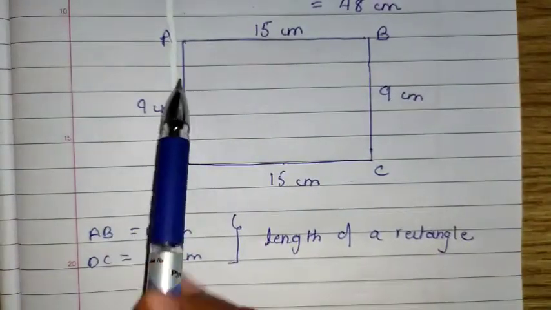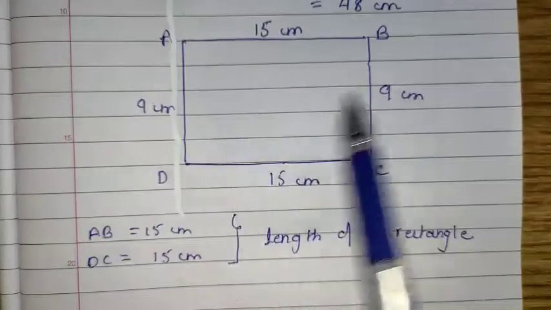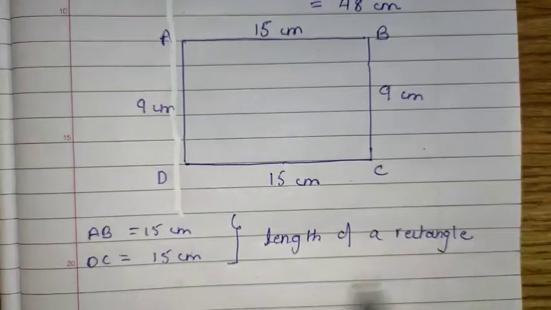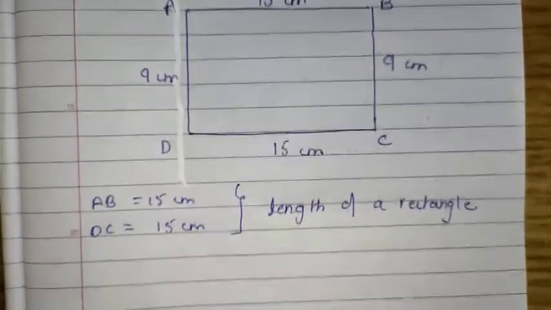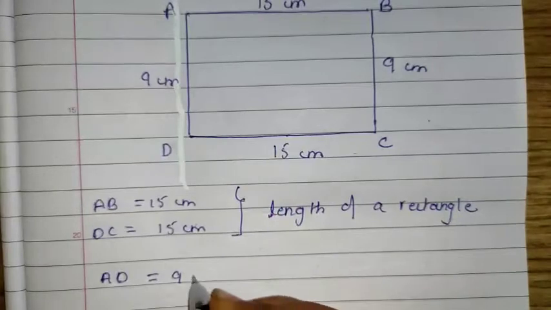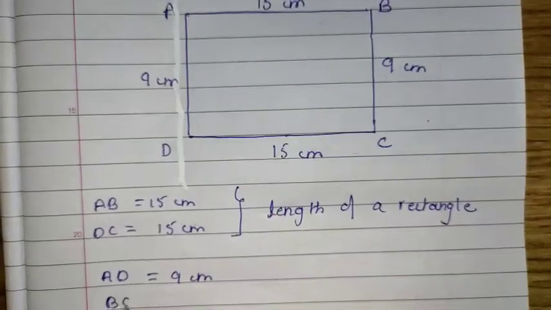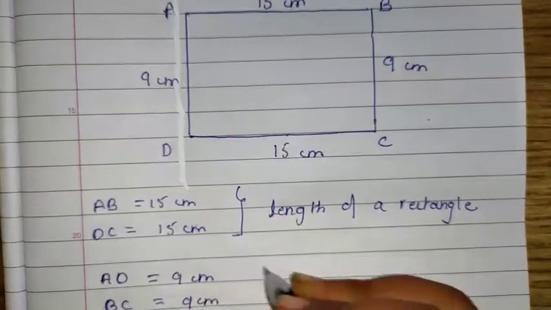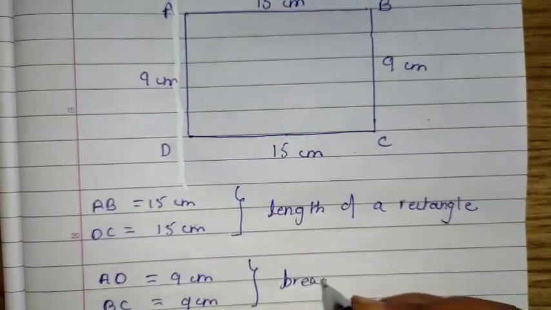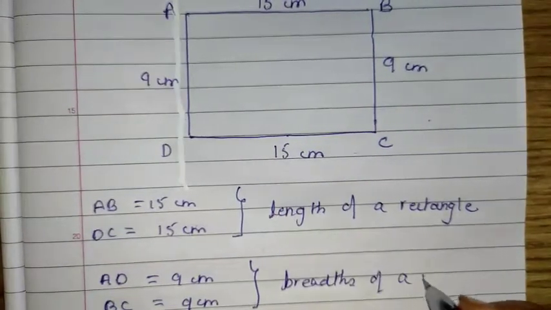And we have the shortest sides, that is AD and BC, and we take the shortest sides of a rectangle as the breadth of the rectangle. Let us write over here AD, which is 9 centimeter, and BC, which is also 9 centimeter.